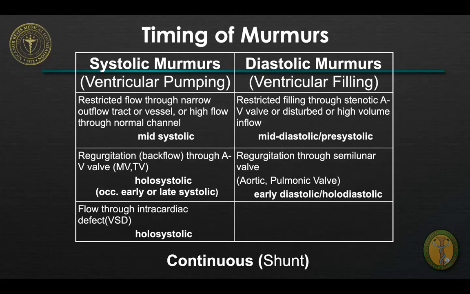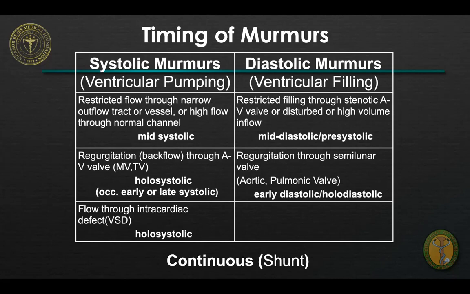What about regurgitation? A systolic regurgitation or backflow murmur is exemplified by mitral valve and tricuspid valve regurgitation, and it is usually holosystolic. It occurs occasionally early or late systolic. The flow is through an intracardiac defect, like in VSD. It is a holosystolic murmur, ventricular septal defect.